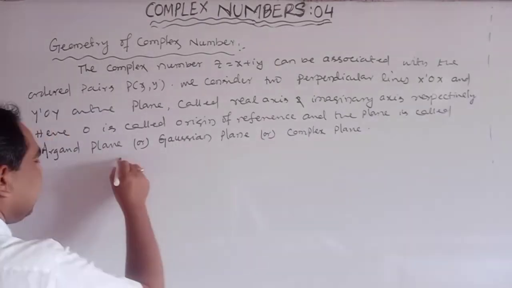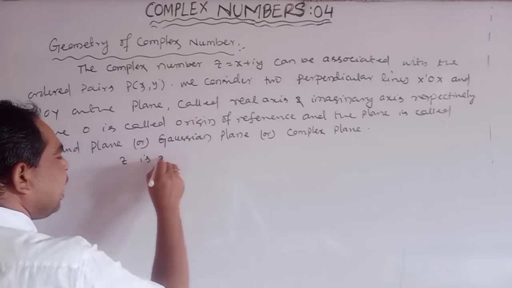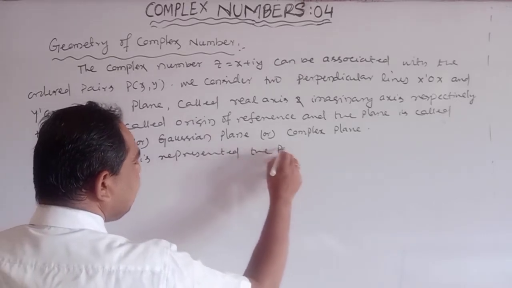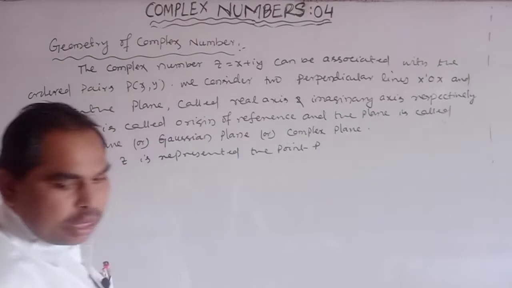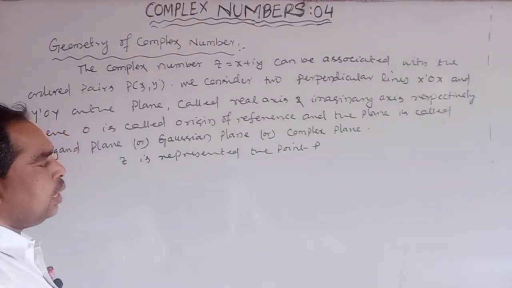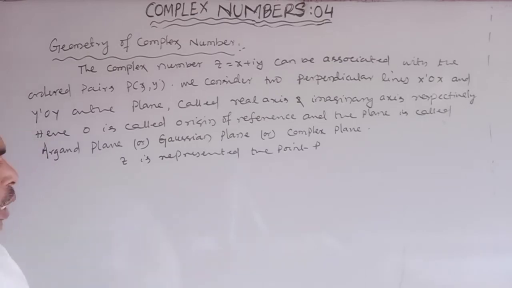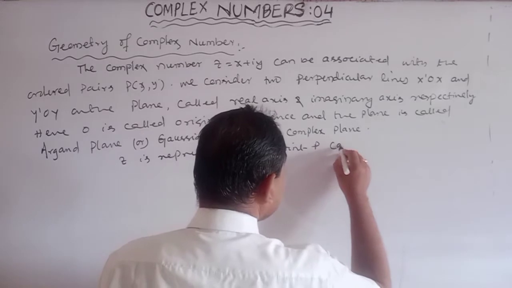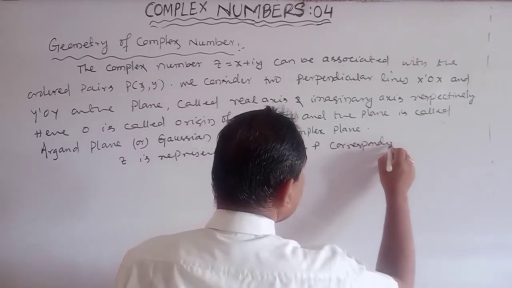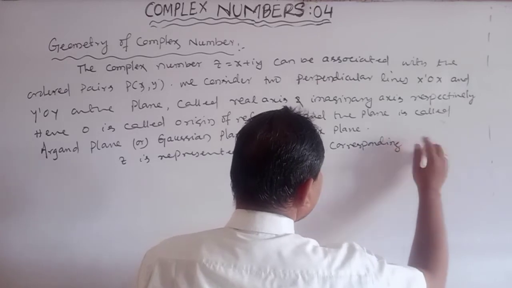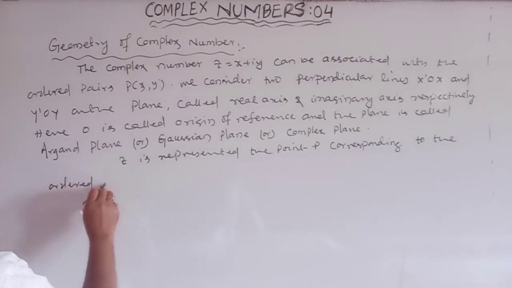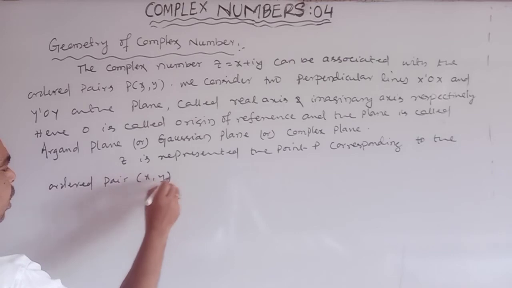Next, z is represented by the point P corresponding to the ordered pair x comma y.